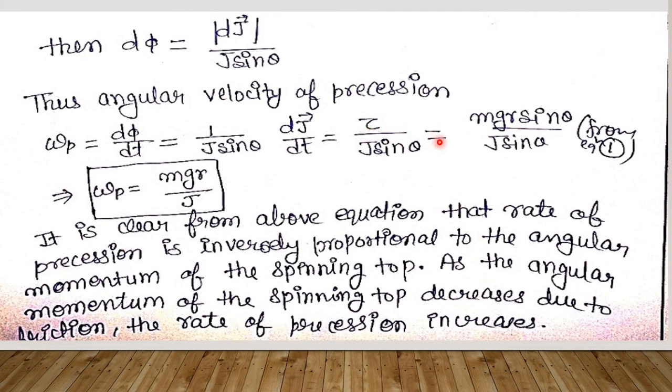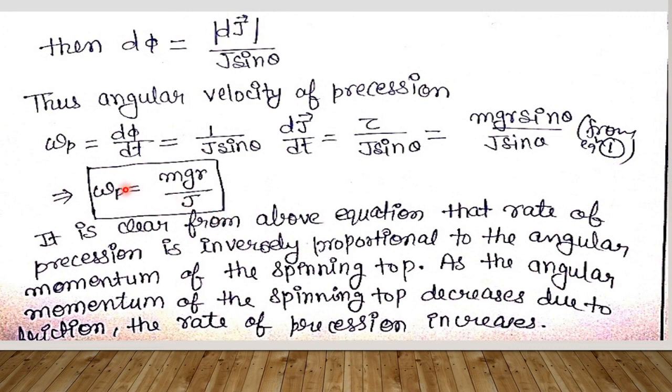We have written in the previous slide that tau equals mgr sin theta. So we get omega p equals mgr upon J. It is clear from this equation that the rate of precession is inversely proportional to the angular momentum of the spinning top. As the angular momentum of the spinning top decreases due to friction, the rate of precession increases.